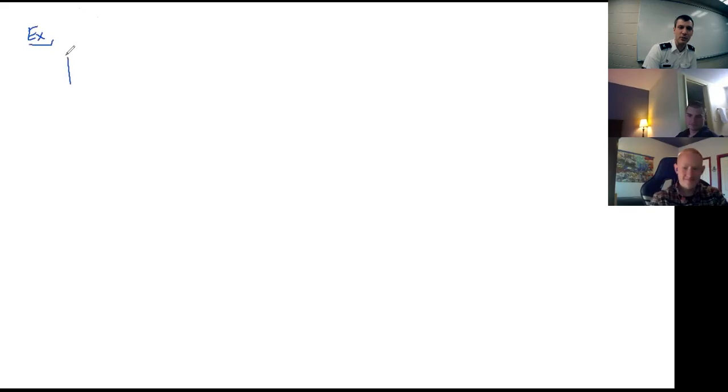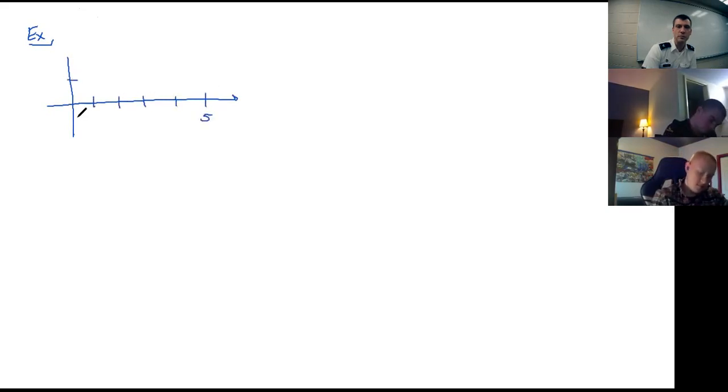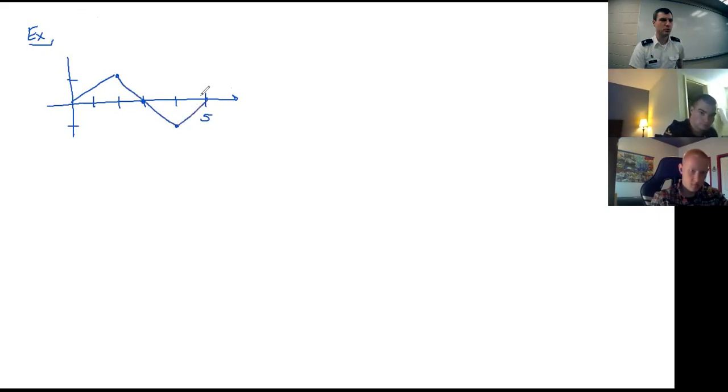So here's our example. Let's, on the x-axis, get 5 units out here. 1, 2, 3, 4, 5. These are all straight lines, regardless of whether or not it looks super straight.